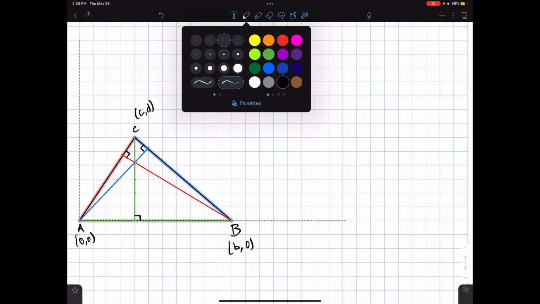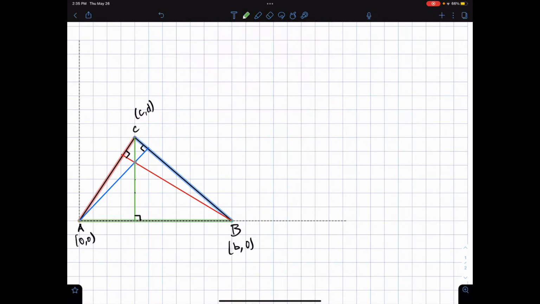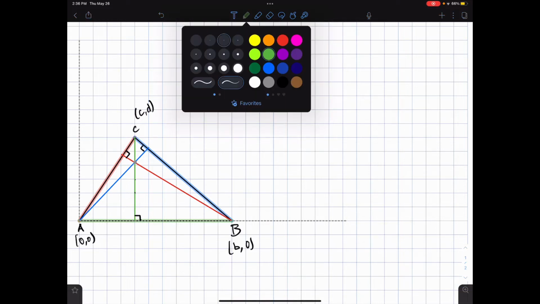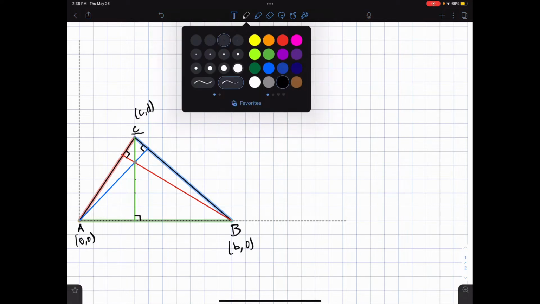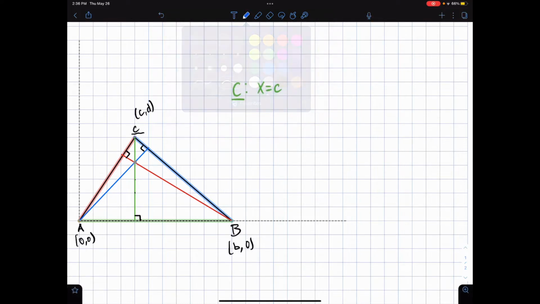So I'll start by writing the equation of the line for height C, which is obviously just x equals lowercase c. Here I'll give my capitals an underline to make it clear. And the equation for line A, well, we can do using point slope form. So it passes through the point 0, 0.